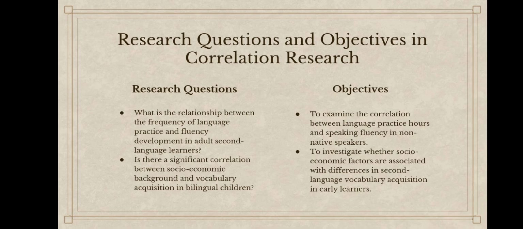Objectives: to examine the correlation between language practice hours and speaking fluency in non-native speakers, and to investigate whether socio-economic factors are associated with differences in second language vocabulary acquisition in early learners. These questions and objectives guide the research toward exploring specific relationships between language-related variables, adding to the broader understanding of language learning dynamics.